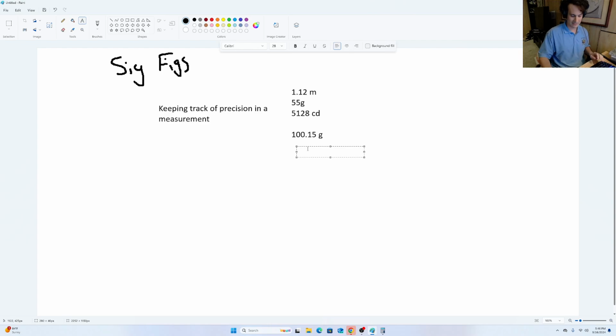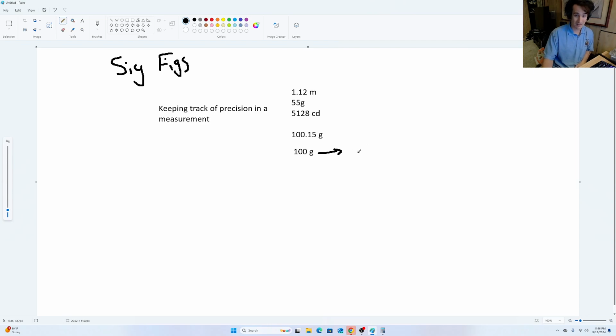So if I had the number, let's say, 100 grams, this is where things get messy, because you might say, well, it's 3. You can't get rid of one of those zeros, right? Well, I can't do it this way, but I could take this measurement and put it in scientific notation. It would be turned into 1 times 10 to the second grams.